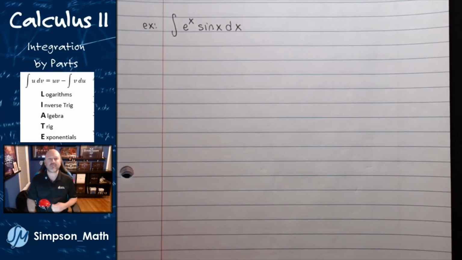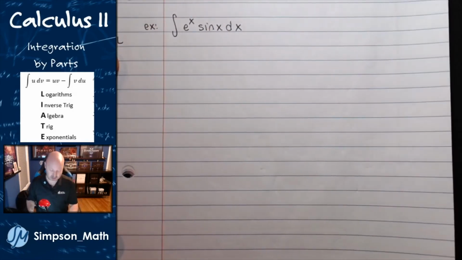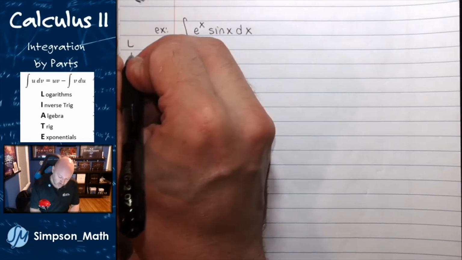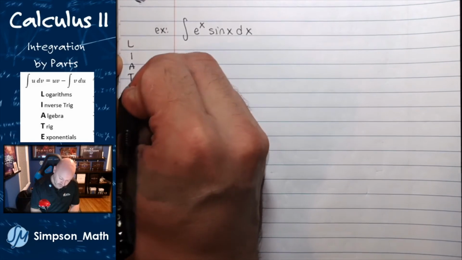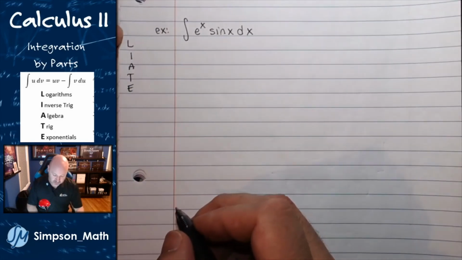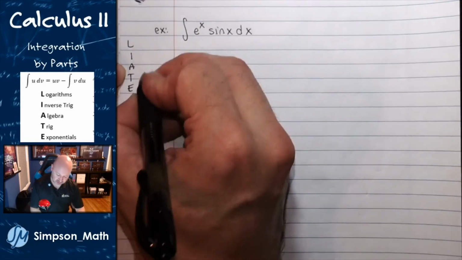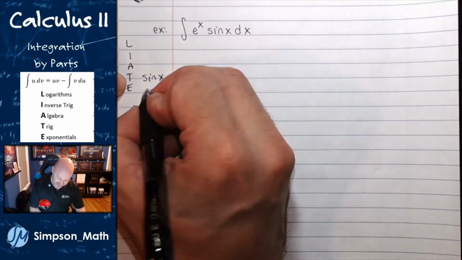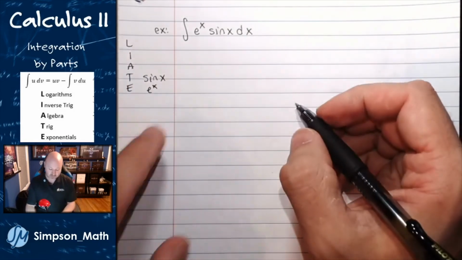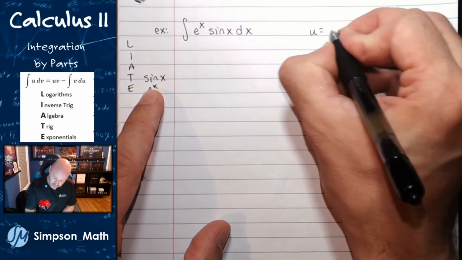E to the x times sine. Okay, again, looks straightforward. If I want to play around with LIATE to help me determine which factor I should let be u: no logs, no inverse trig, no algebra. There is trig. Sine of x is a trig function, and e to the x is an exponential function. So I'm going to let u be the first thing on the list, sine of x.